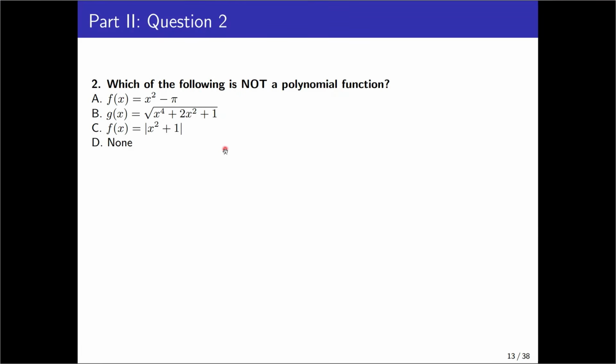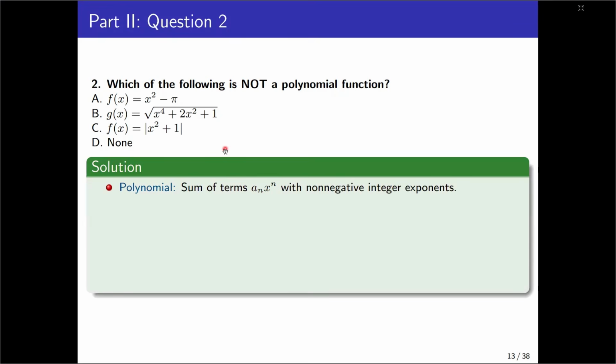We know that a polynomial is the sum of terms, and each term must have the form a_n times x to the power of n, whenever n is any non-negative integer. This a_n, the coefficient of the term, could be any real number.